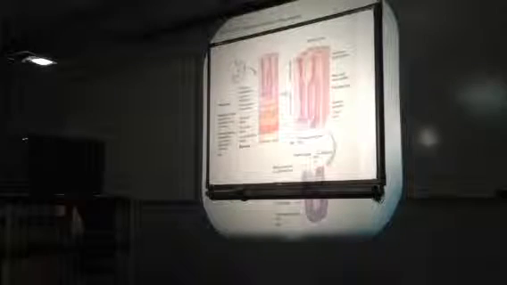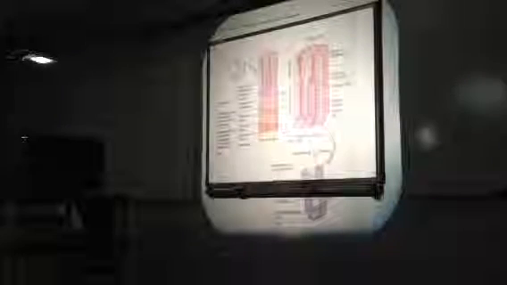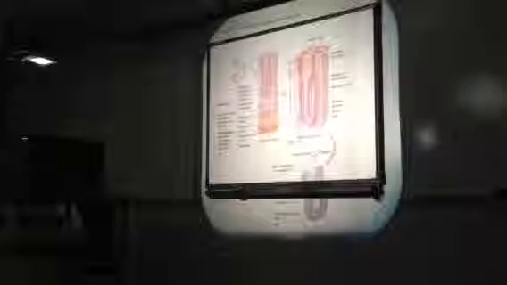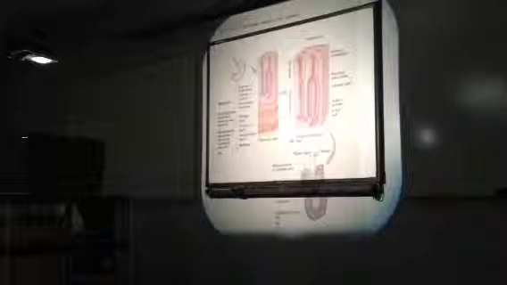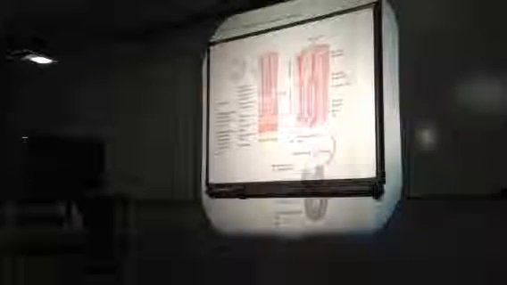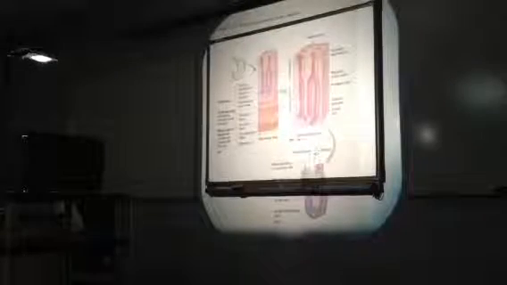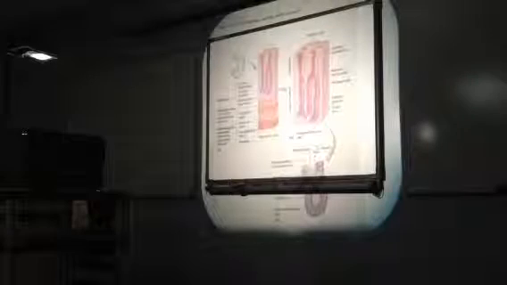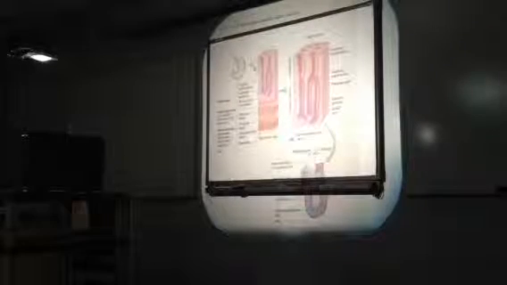The cephalic stage secretes between 30 and 50% of our gastric secretions. And cephalic, if you're familiar with that term, means something with the head, and this kind of fits.